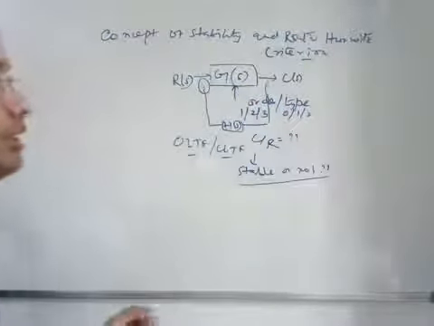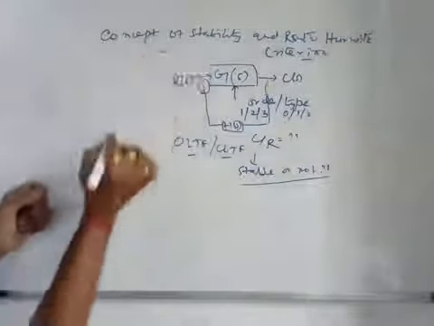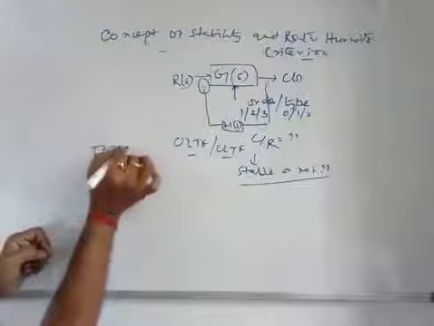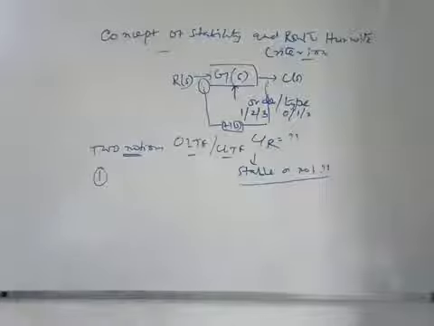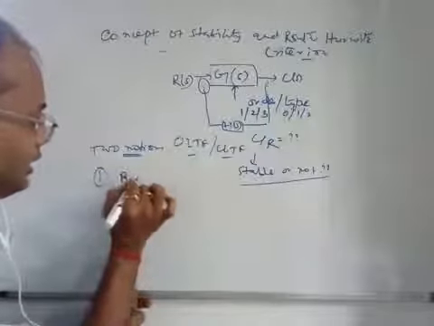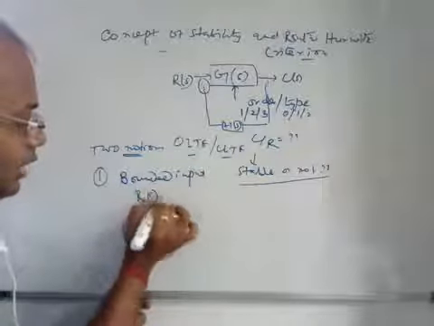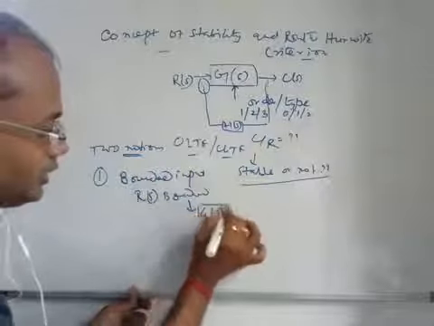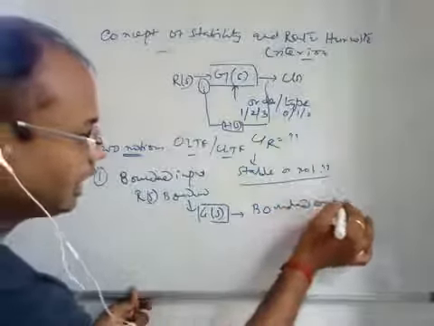So basically, in case of stability, roughly speaking, there are normally two notions. The first notion is that if you apply a bounded input, R(s) bounded, to any system, this is your system, you should get a bounded output.